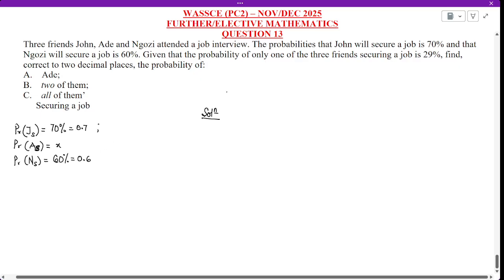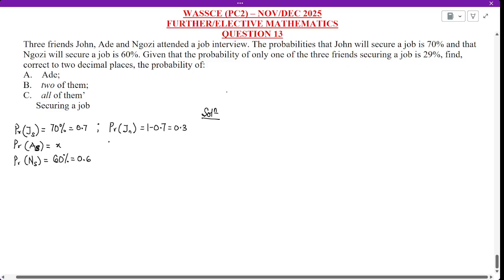But since we have the probability that John can secure a job, there's a probability that John may not secure the job. So I'm also using probability John with subscript N to show not secure a job. That becomes 1 minus the probability of success, which is 0.3.